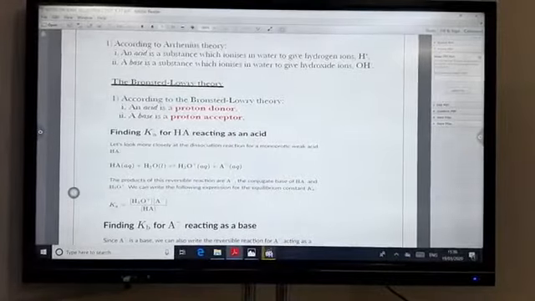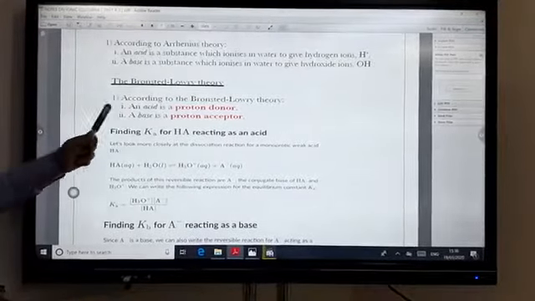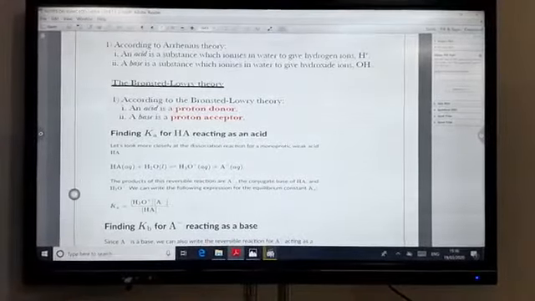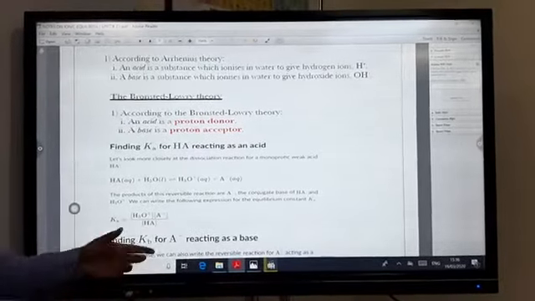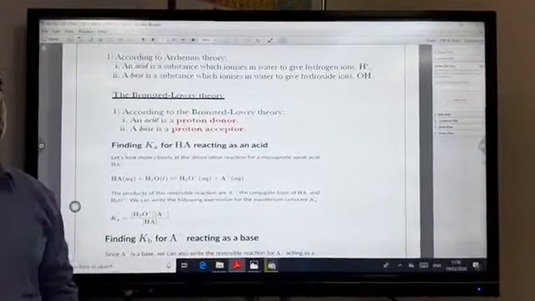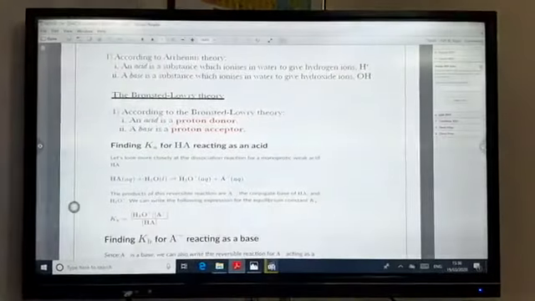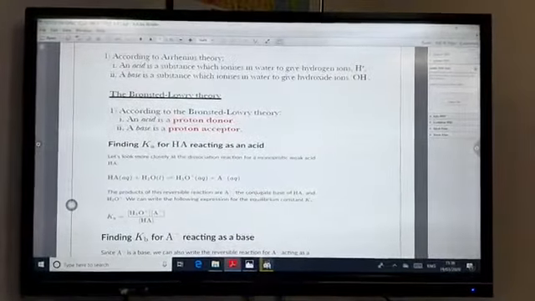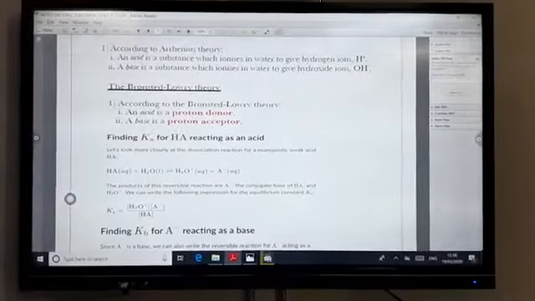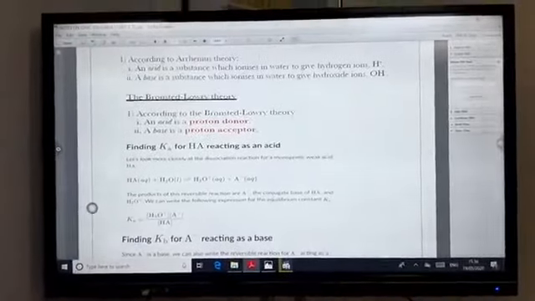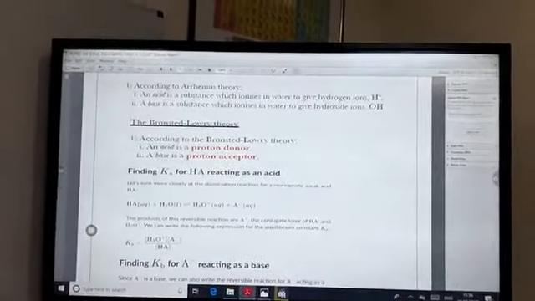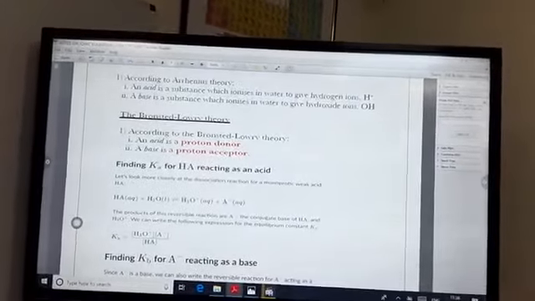But the second scientist, and mostly we use this one, is Lowry Bronsted. According to this, acids are proton donors, those that donate protons. Proton means hydrogen ion, H plus. And a base according to Lowry Bronsted is a proton acceptor, it will gain a proton.